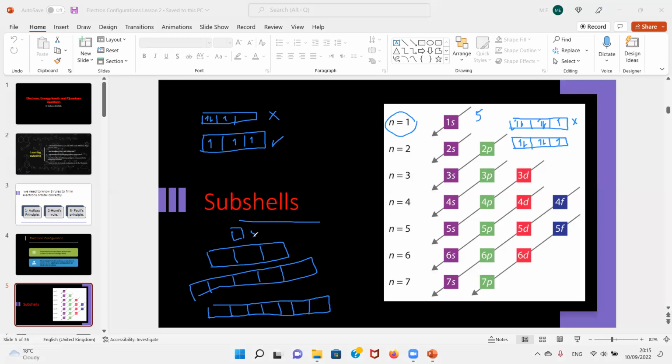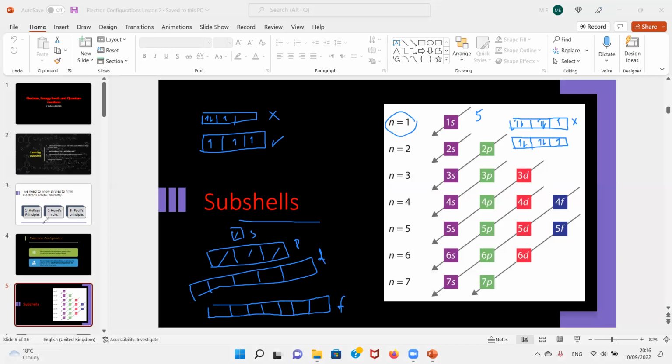So this is S, this is P, this is D, and this is F, and we call them subshells. And these individual boxes, this one, this one, this one, this one, we call them orbitals. Okay? So this is basically the classification of the main shells or energy levels, subshells, and orbitals.